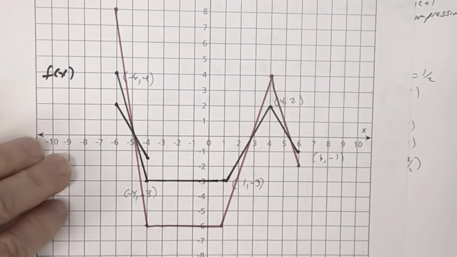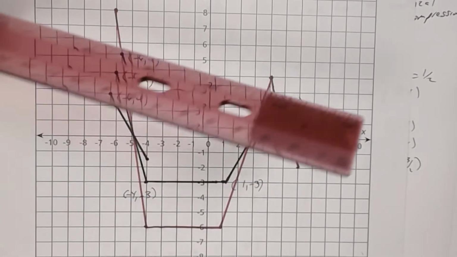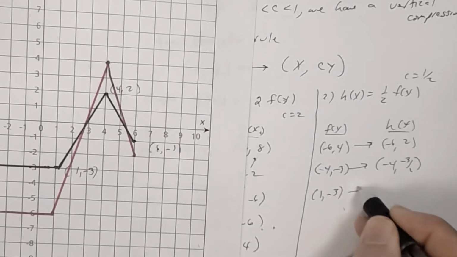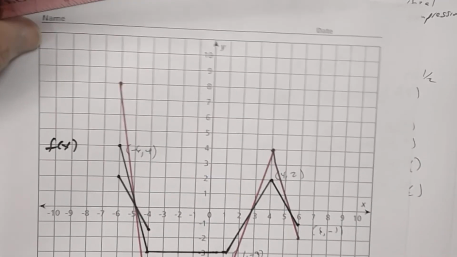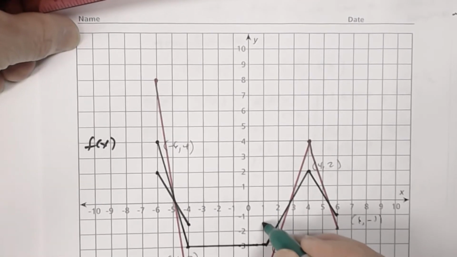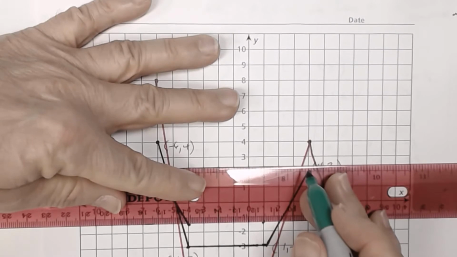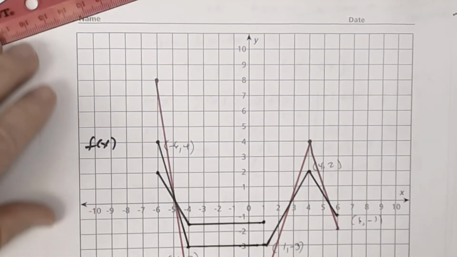Okay, then let's look at the horizontal segment. So 1, negative 3 becomes 1, negative 3/2, right? So 1, negative 3/2 is right here. So again, the horizontal segment, the length of it stayed the same.